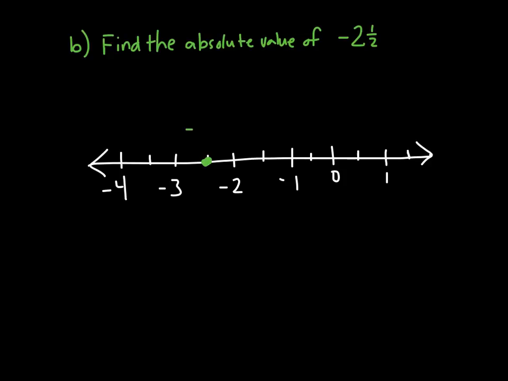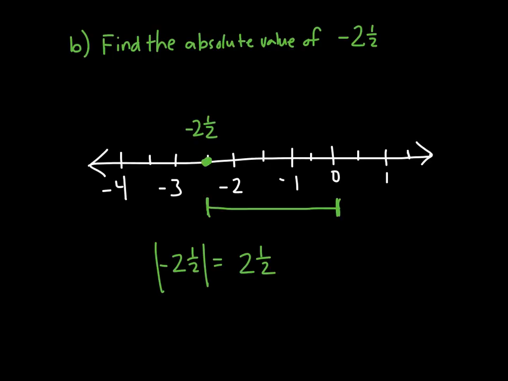So this would be -2.5. And then to find the absolute value, you just measure the distance between -2.5 to 0. You put it like this if you wanted to. And you realize that it ends up being 2.5. So -2.5, the absolute value, equals +2.5, because that's the distance from what we graphed of -2.5 to 0.